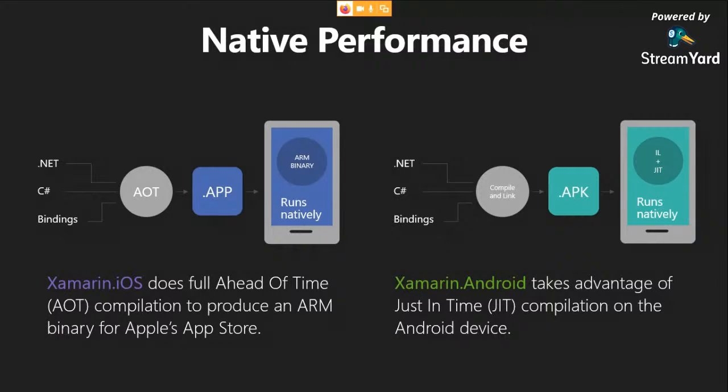Xamarin iOS does full ahead-of-time compilation that produces an ARC library in the app for the Apple IPA, whereas Xamarin Android takes advantage of JIT compilation for Android devices. So anything that we write in C# is actually converted to a native ARC library, using the own compiler and optimizer techniques that Xamarin has, and that's how performance is boosted.